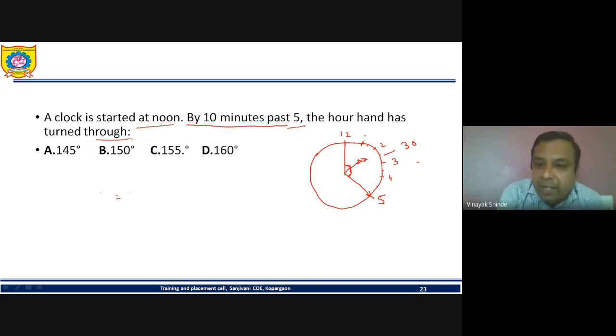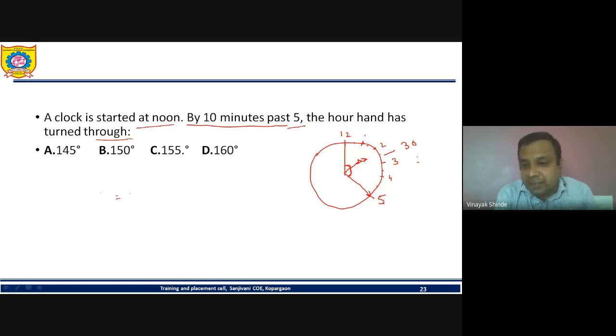But when the minute hand travels for 10 minutes, the hour hand also travels. When 10 minutes are completed by the minute hand, the hour hand travels 5 degrees, because in 1 minute the hour hand travels 0.5 degree.